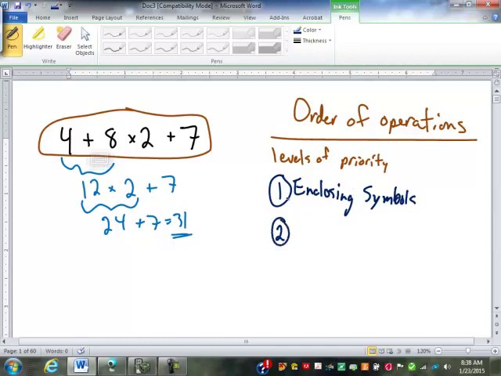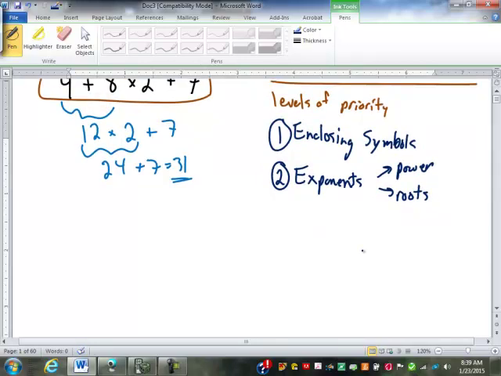The second level of priority is then exponents. Exponents include two things: powers and roots. So that's our second level of priority.